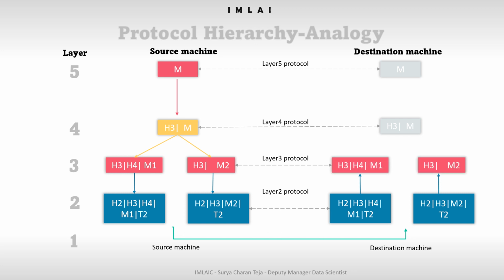Once it reaches layer 3, that header is stripped off, and the pieces of the main message are accumulated into a single message and go to layer 4. Here the header, the control information, and then the main message are there. After that, the control information is stripped off, and only the message is sent to the application.